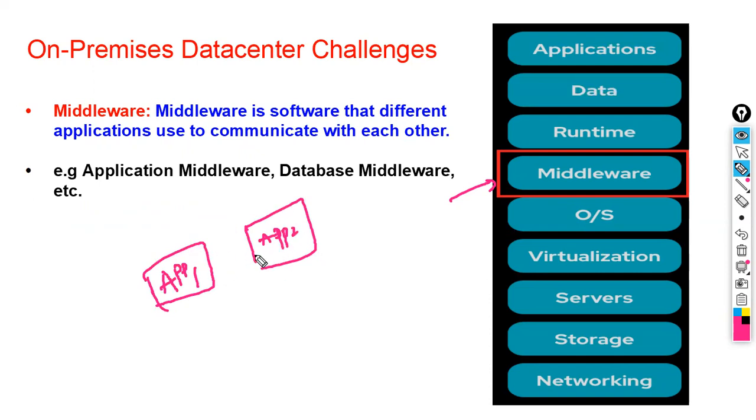In that situation, how they will communicate with each other, we need the middleware. Middleware is software that different applications use to communicate with each other. So we will have one middleware, and this middleware will make the communication between these two applications. We have different middleware types like application middleware, database middleware. Again, you are responsible for this middleware as well.